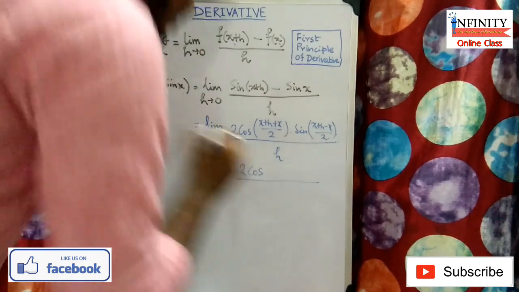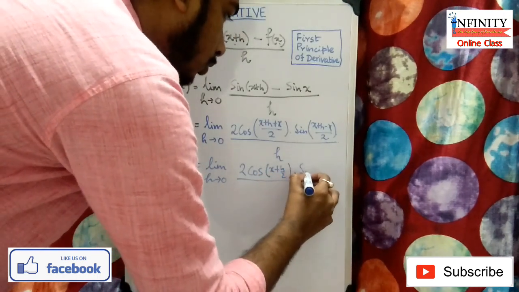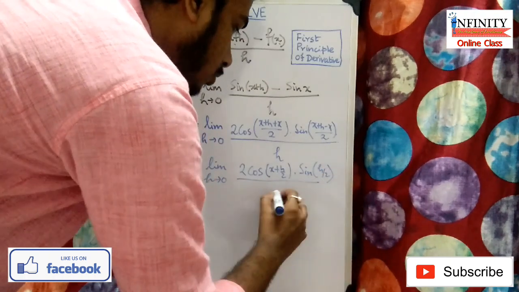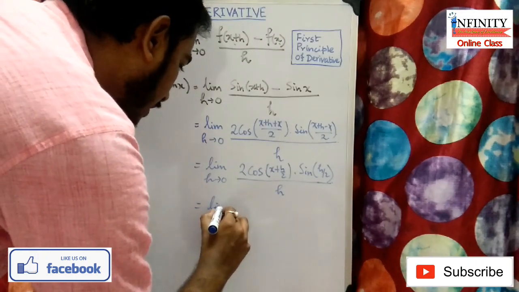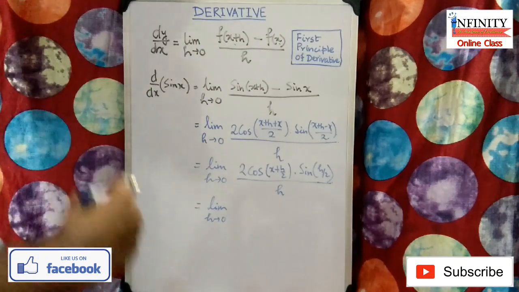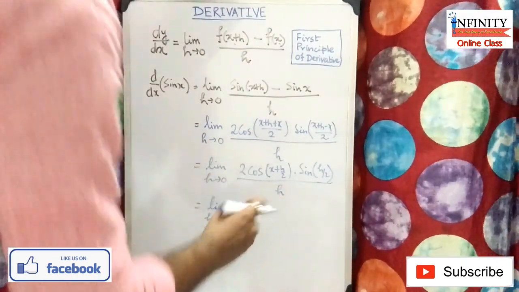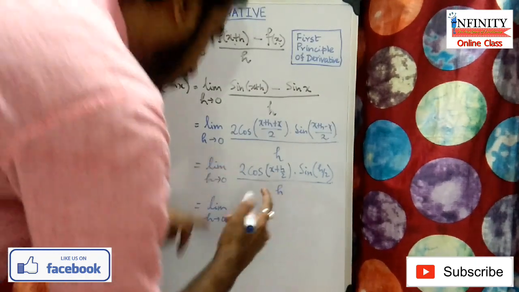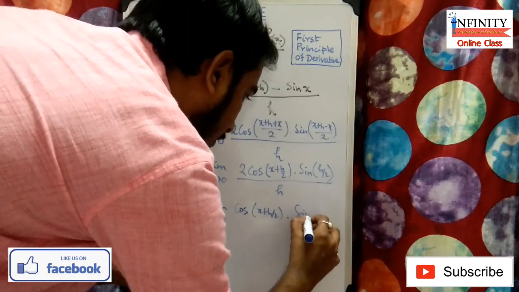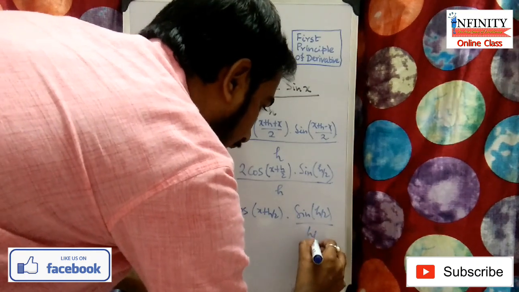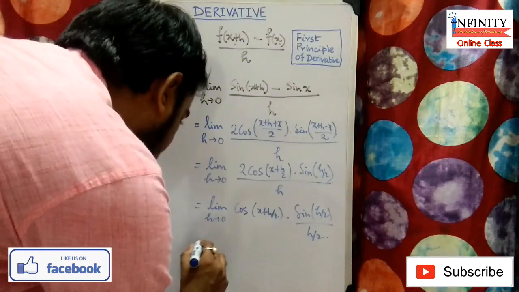Then it will be the limit h tends to 0 of 2 cos of x plus h by 2, into sine of h by 2, by h. Correct? Then it will be the limit h tends to 0. We have to adjust this h by this 2. We can take this 2 as the denominator of this h, so it becomes sine of h by 2 by h by 2, right?